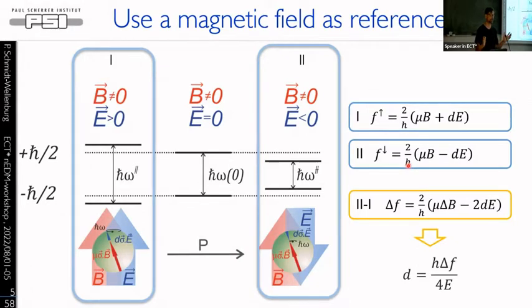Assuming, and that's the entire name of the game in measuring an electric dipole moment, that you control that this part, delta B, is vanishing. If it's not vanishing, you always measure something related to a magnetic field. And so essentially, we formulate in our paper all systematics as something which generates a magnetic field as a function of the electric field.